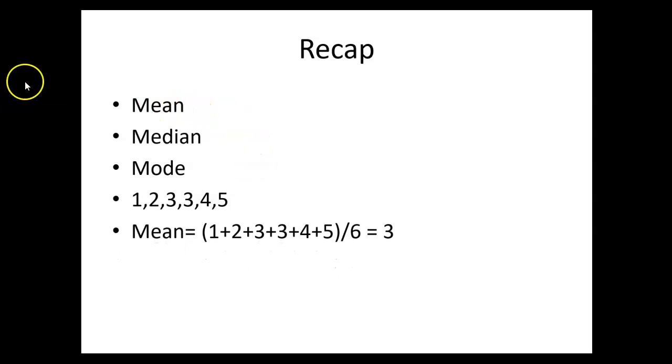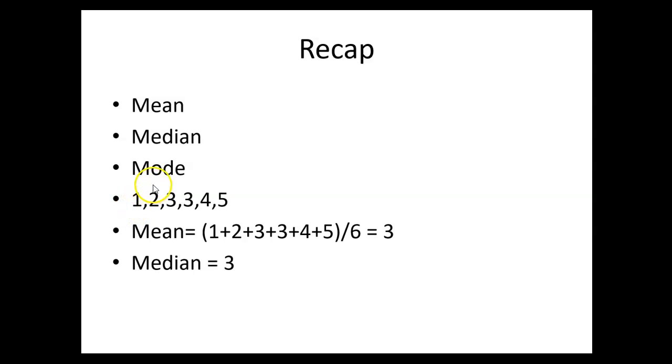Now we calculate the mean by adding the numbers and dividing by the number of cases. So 1 plus 2 plus 3 plus 3 plus 4 plus 5, divided by 6, is 3. So our mean is 3. Our median also happens to be 3.